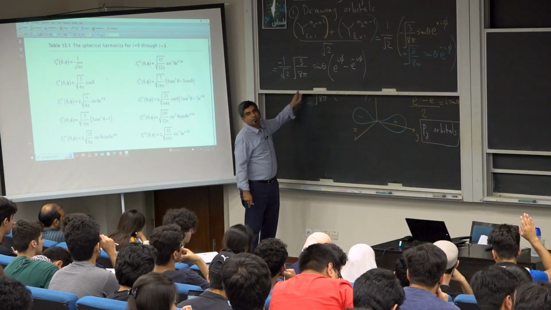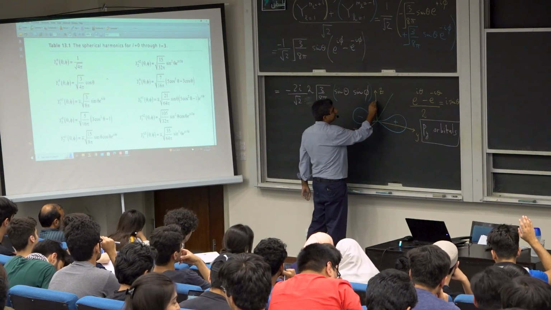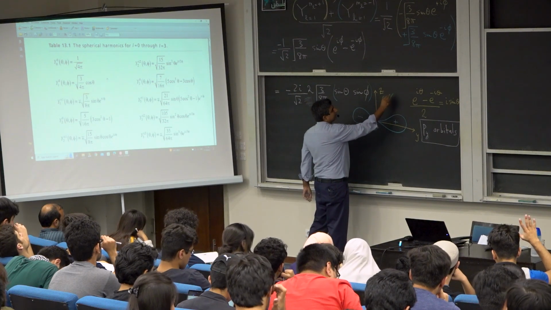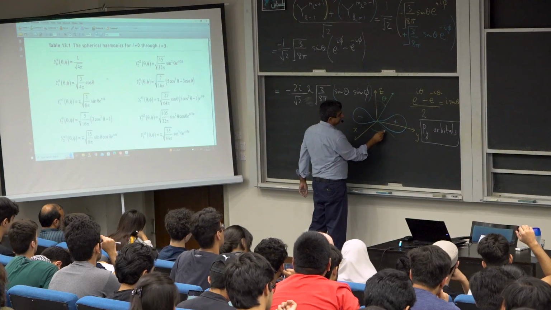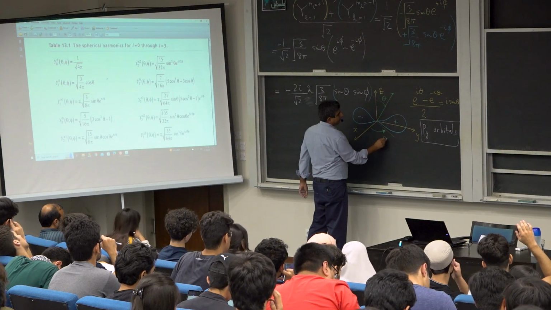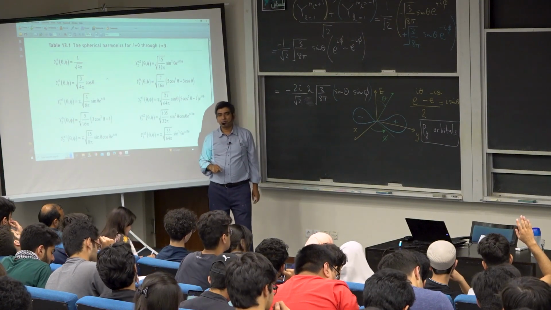Yes, please. Theta is the angle between x and y. Well, we've seen this. So theta is this angle. Okay. And phi is this angle. This is how we've defined our angles, the polar coordinates. Yes, please.